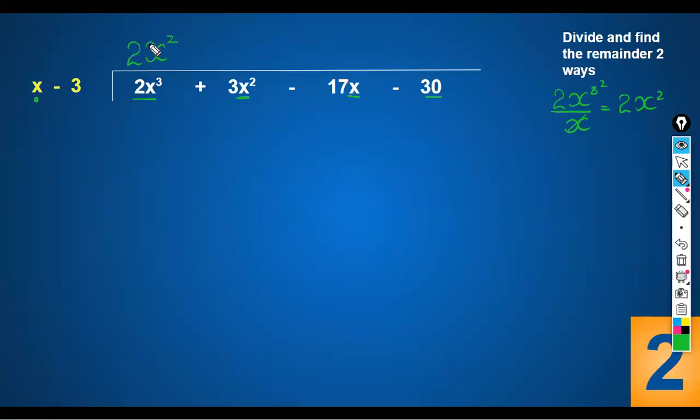This 2x squared, this green value, you're going to multiply it by both of them, by the x and the minus 3. 2x squared multiplied by x is 2x cubed, and 2x squared by minus 3 is minus 6x squared. Take it down up to there.